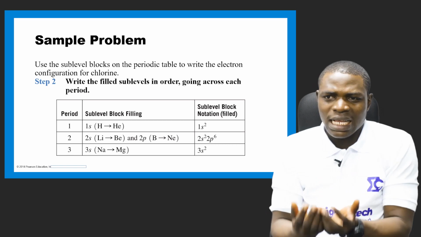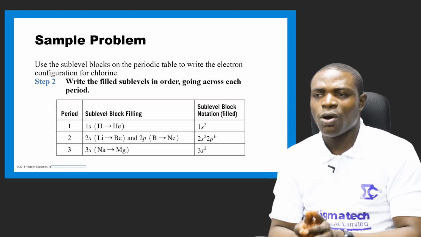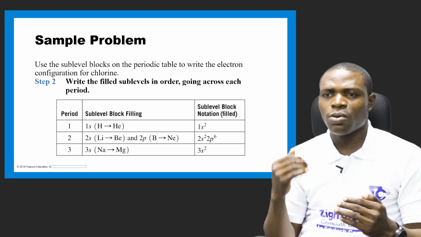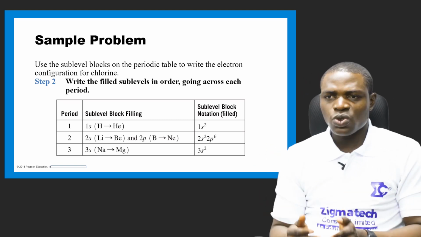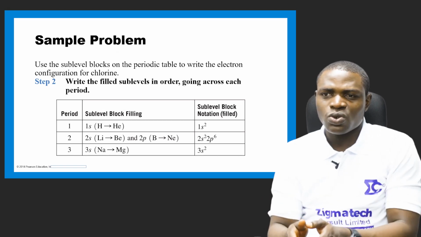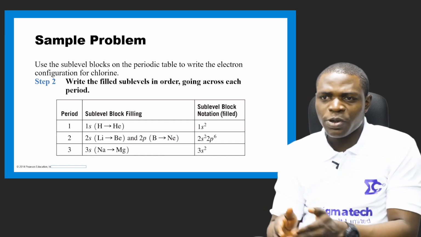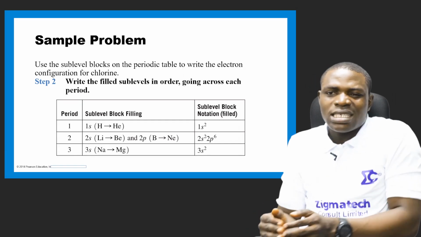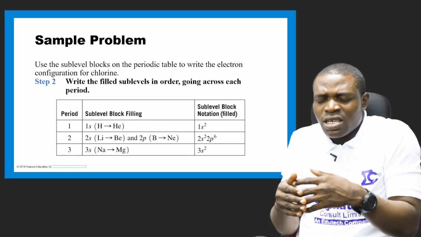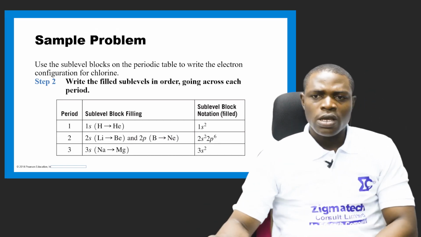And like I have explained earlier, p can accommodate a maximum of 6 electrons. So you start from 2s2 2p1, 2s2 2p2, 2s2 2p3, 2p4, 2p5, 2p6. That is sequential. It's very sequential. You need to follow the order. Then you go to the next period.